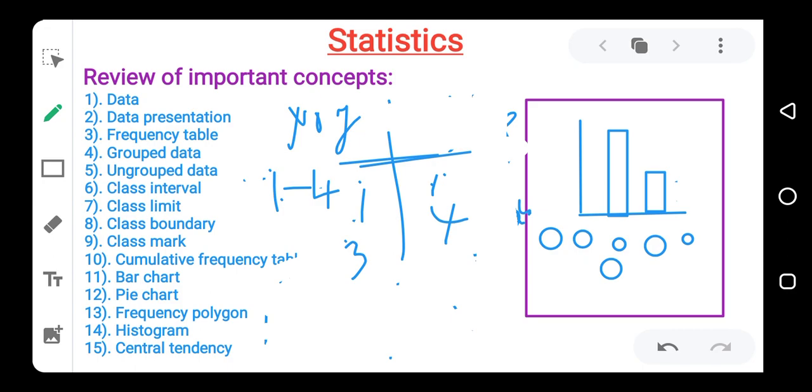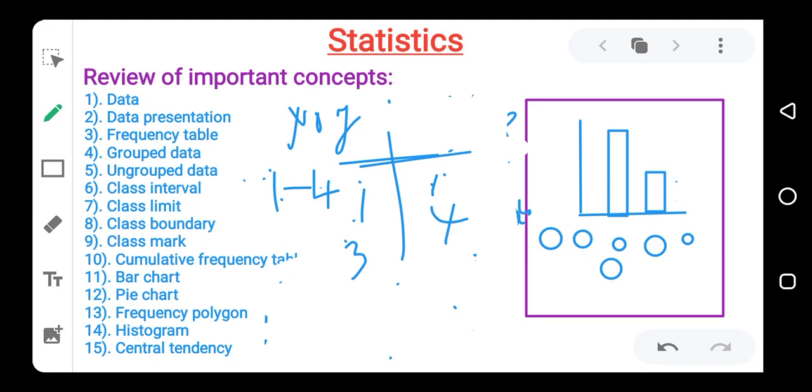If there are 100 people in the class, you may decide to group them into 5. People that weigh between 1 to 20, 21 to 40, 41 to 60, 61 to 80, 81 to 100. So you may group it that way into 5 different groups, and that is what we call class interval.